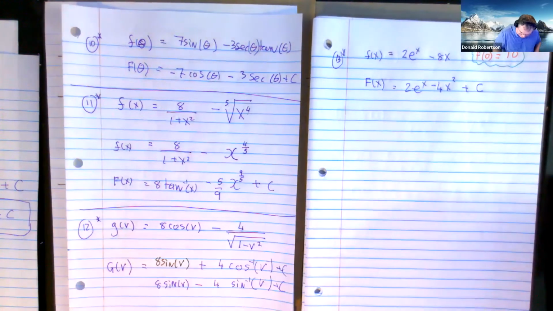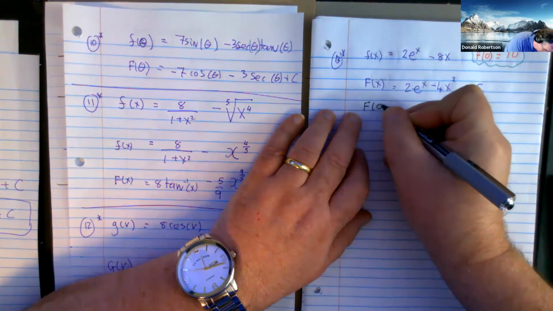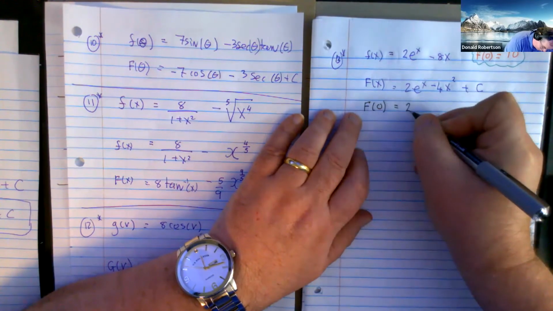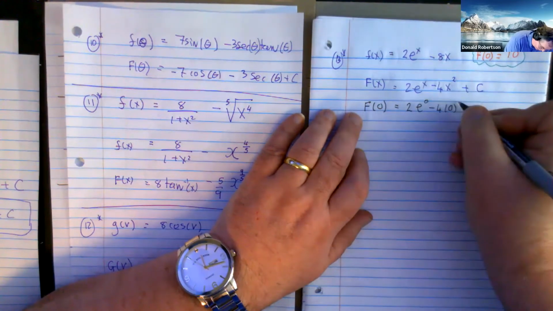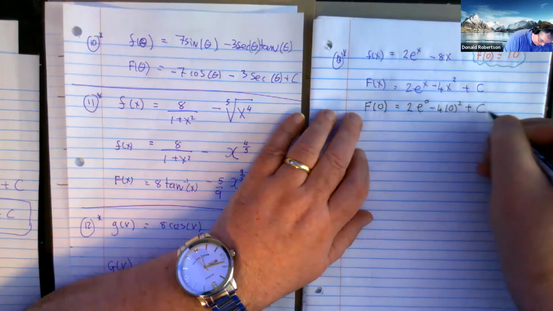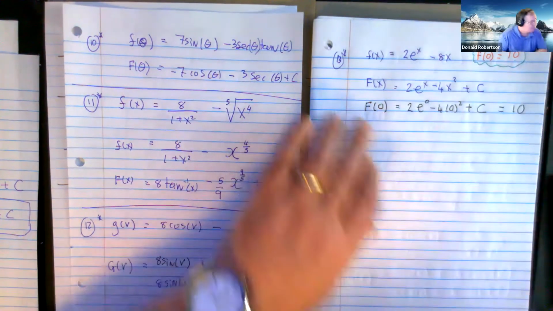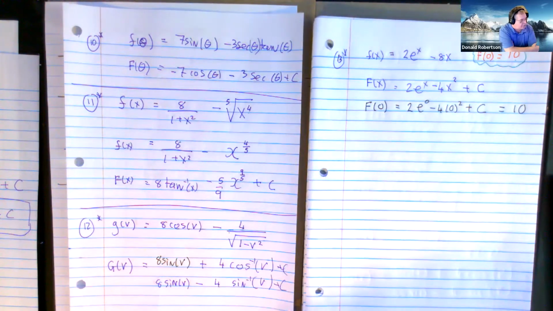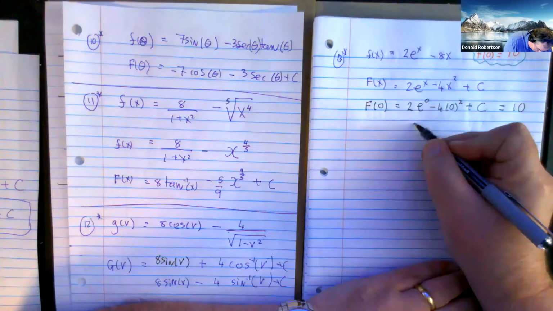Well, let's see how I would use it. I know f of 0 is 2e to the 0, take away 4 lots of 0 squared, plus c. And I also know that it's equal to 10. Does that make sense? Find the value of the function at 0 and make it equal 10. E to the 0 is 1, so that's 2.